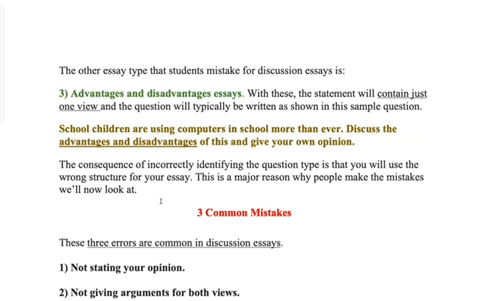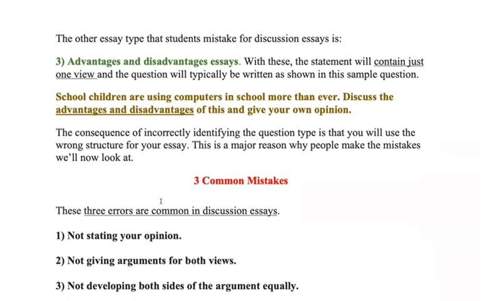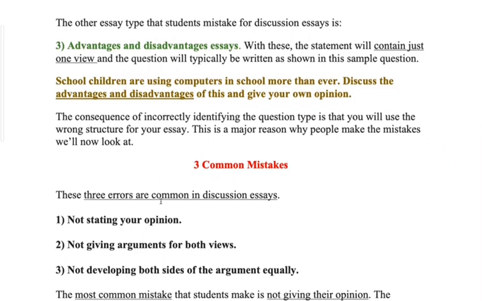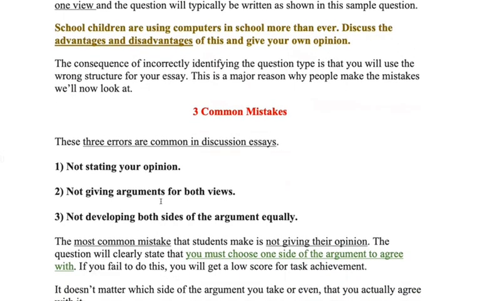Okay, 3 common mistakes or errors that a student might make. These 3 errors are common in discussion essays. Not stating your opinion. So you must state your opinion, as we said. Not giving arguments for both views. So in the discussion essay, discuss view A, discuss view B, and give us your opinion.